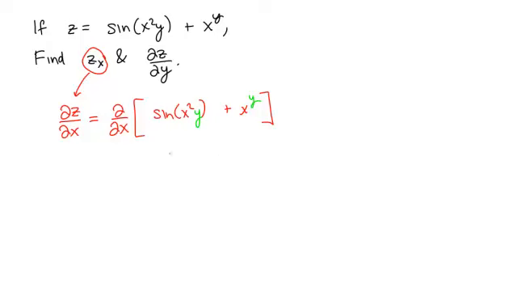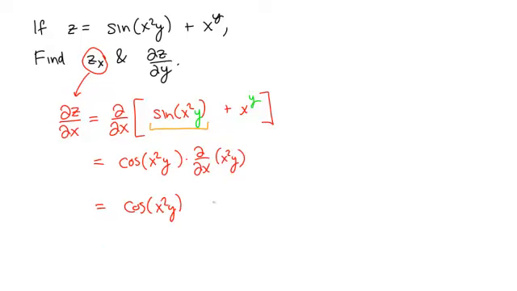So let's work our way through this thing. If we were to differentiate the first piece, sine of x squared y, well, that's the chain rule. The chain rule would say that the derivative of sine of blank is cosine of blank times the derivative of blank. And then we'll fill in the blanks. Now let's just keep going on with this part while we're still on the trail of the derivative here.